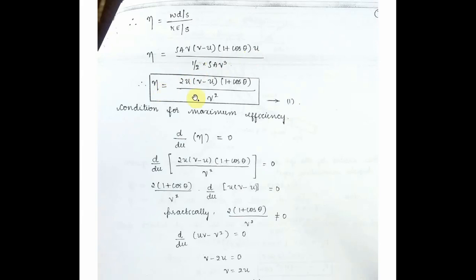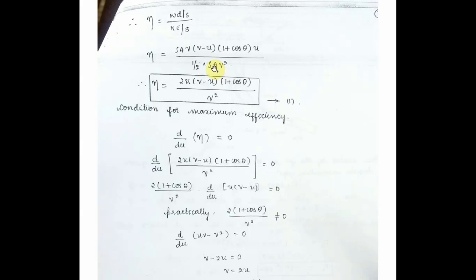So efficiency is equal to 2 into U into V minus U into 1 plus cos theta divided by V square. I call this equation 1.